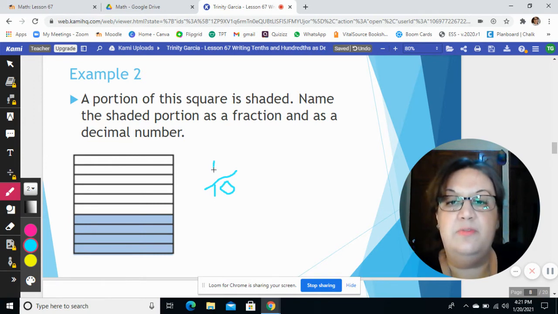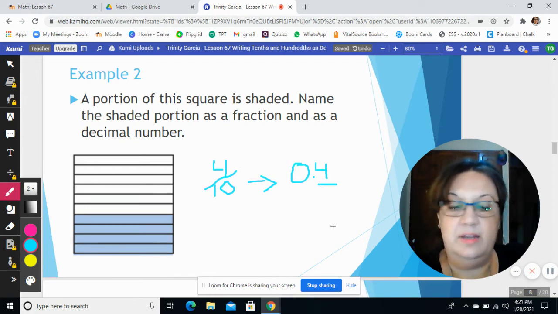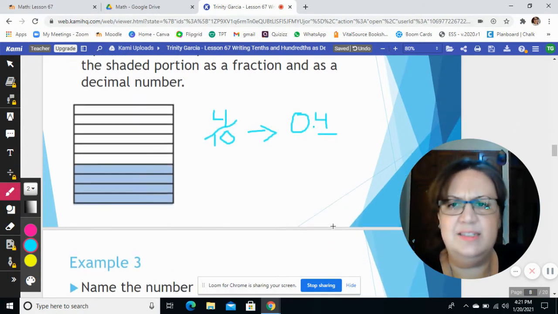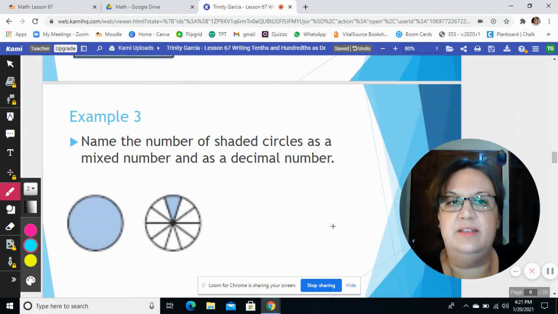So we have 4/10 is shaded as a fraction, and now we're gonna write it as a decimal. So we're gonna write 0.4, okay, because 4 is in the tenths place. All right, good. See, not too tricky because we've been doing this all week.